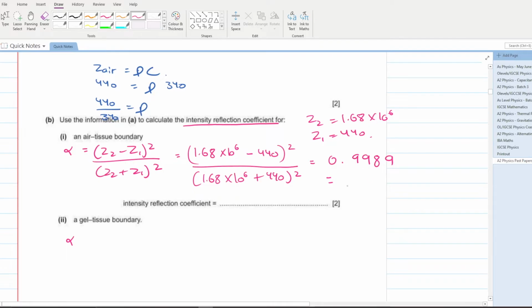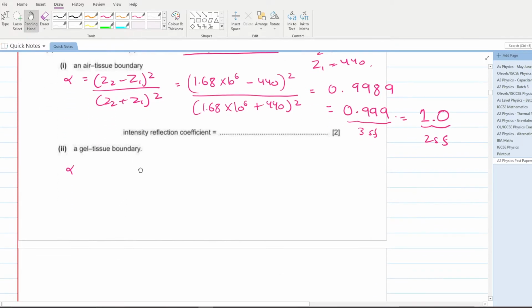So if I want to give this value to 3 significant figures, this will become 0.999. Yeah, you can keep it like this for 3 significant figures. However, if you convert it to 2 significant figures, then these 3 nines will get rounded off to 1.0.